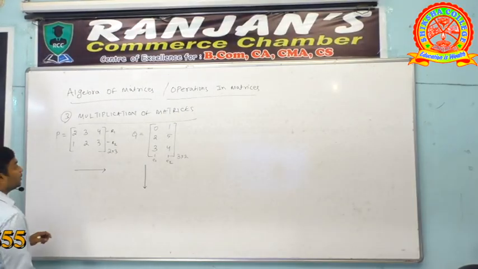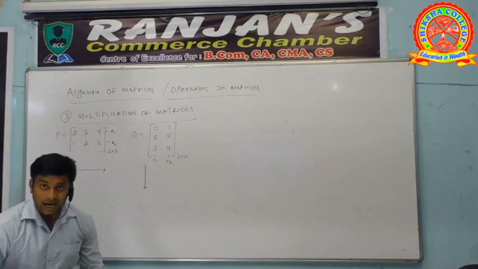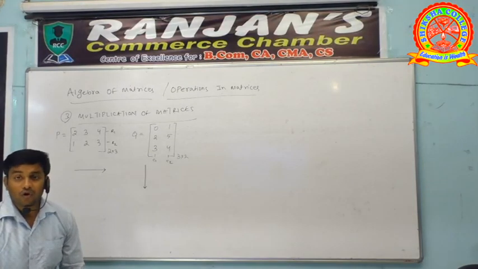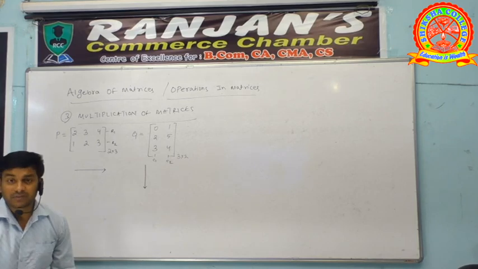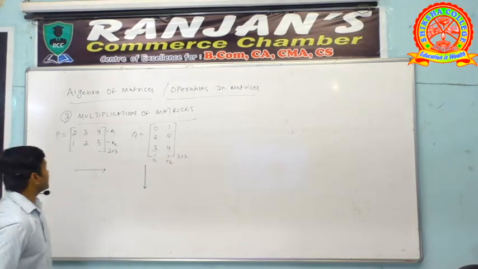Now we need to multiply row 1 of the first matrix with column 1 of the second matrix.